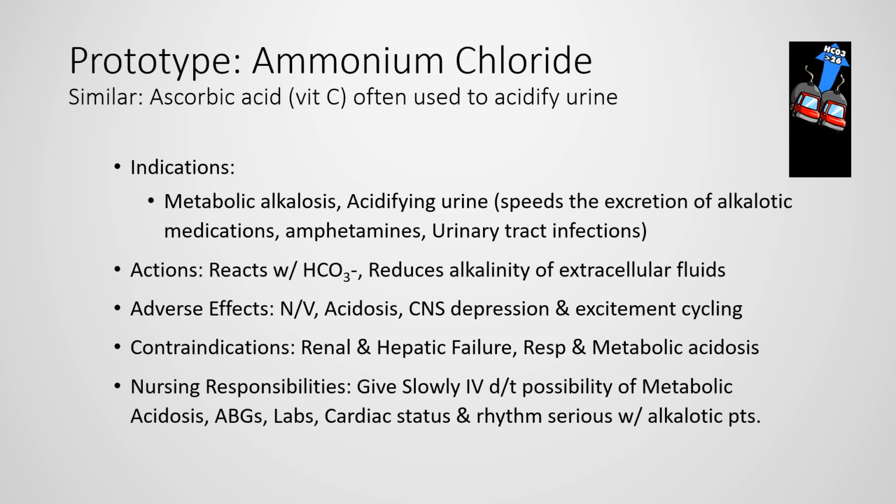The same thing would go if you were administering this drug. It would be given slowly due to the chance of overshooting and causing a metabolic acidosis. You'd monitor arterial blood gases, which gives you an idea of, of course, the pH as well. You'd monitor electrolytes in your labs. And definitely we monitor cardiac rhythm with patients that are either severely acidotic or alkalotic, right?